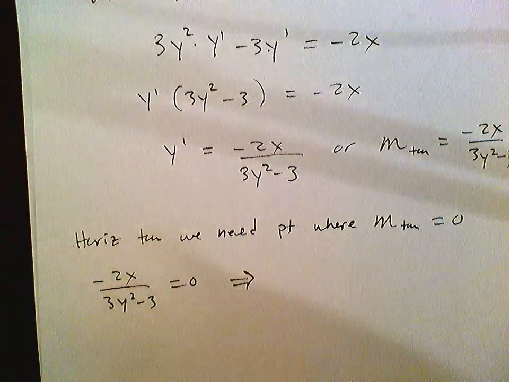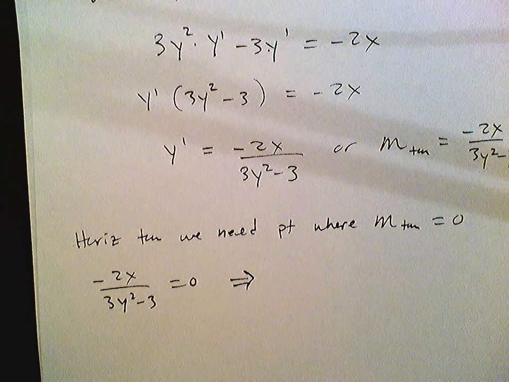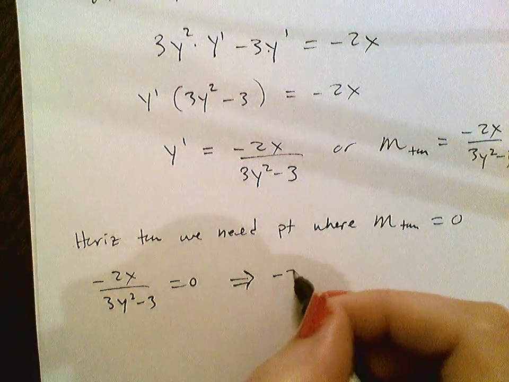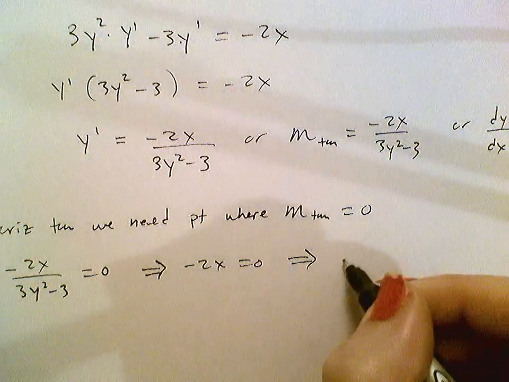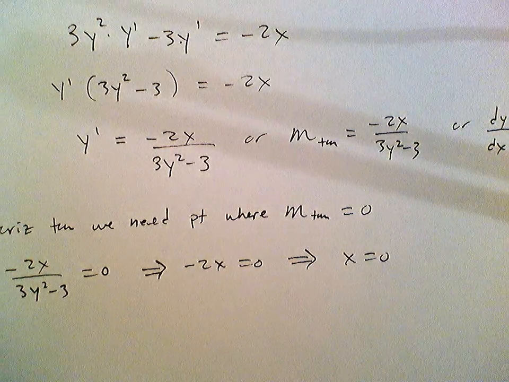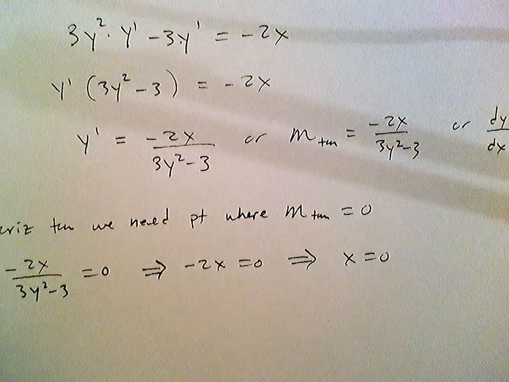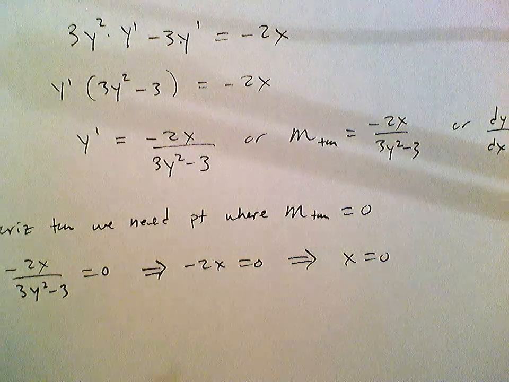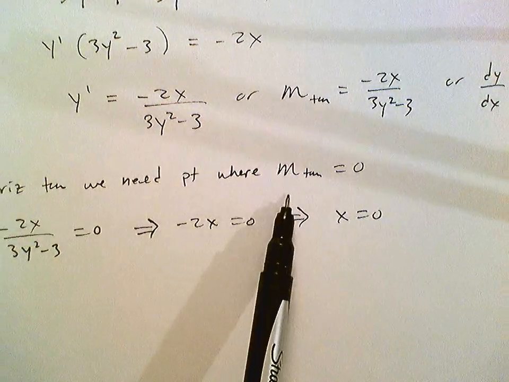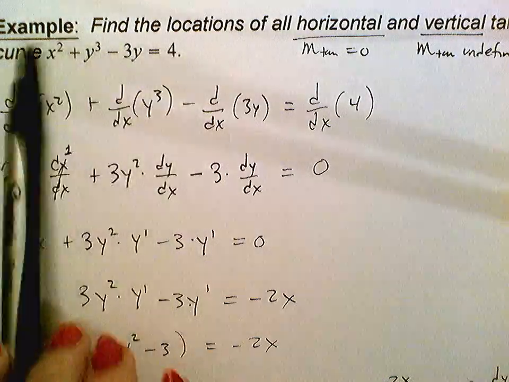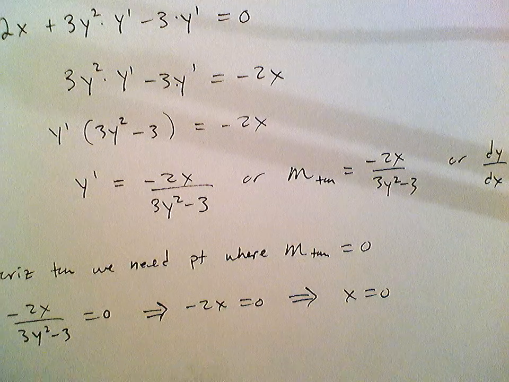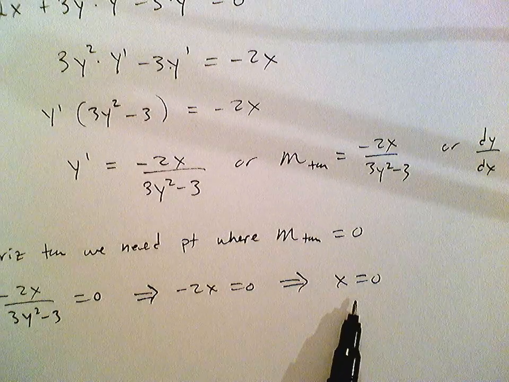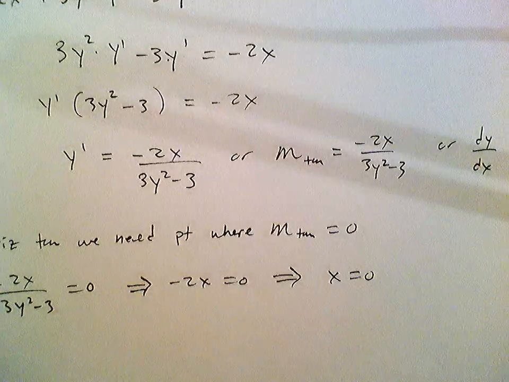Well, guys, a fraction can only be 0 if its numerator is 0. So I just take the numerator, set it equal to 0, and I get that x is equal to 0. So I know that the point on the graph of this curve where the tangent line is horizontal, or has a slope of 0, is going to have this x coordinate. Now I need to find the y coordinate.